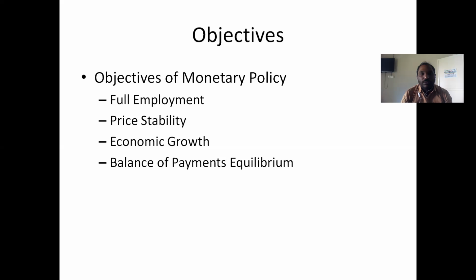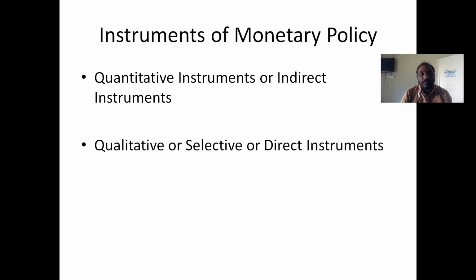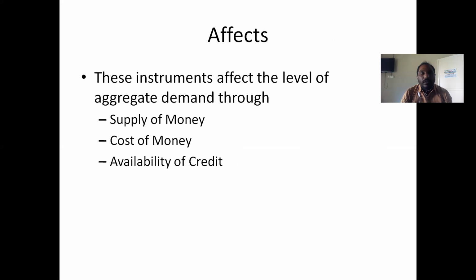We shall move on to instruments of monetary policy. With regard to instruments, we have two types. The first one is quantitative instruments, which can be called indirect instruments also. And the second one is qualitative instruments, which can be called selective instruments. These instruments tend to control the economy.